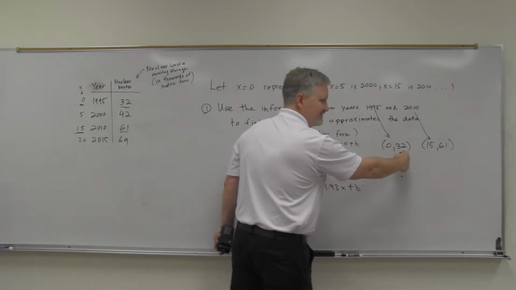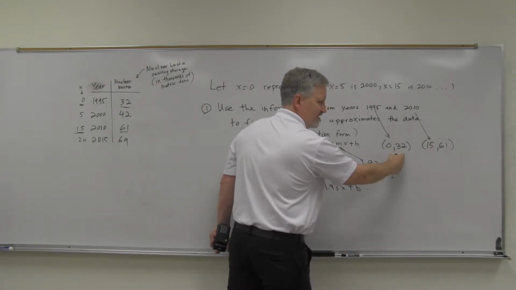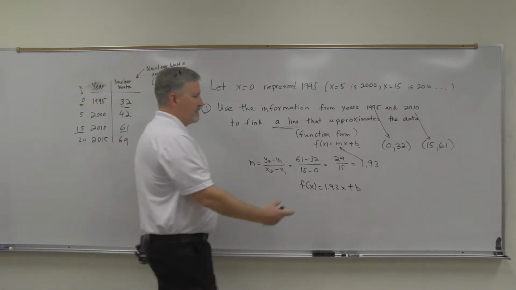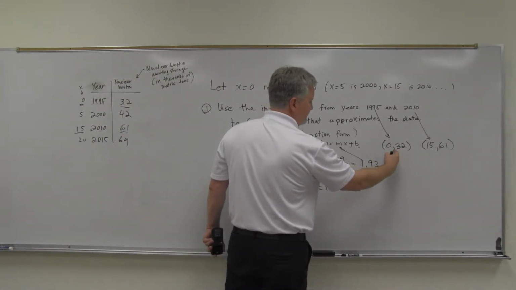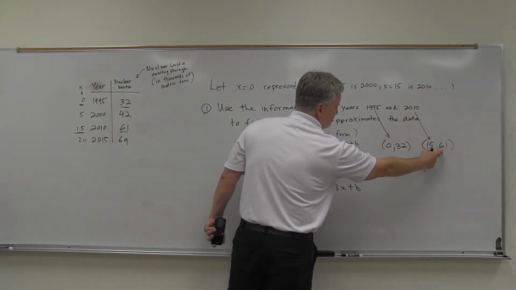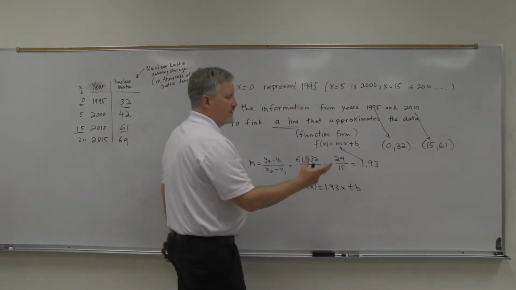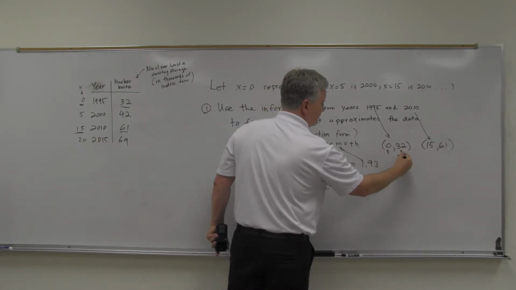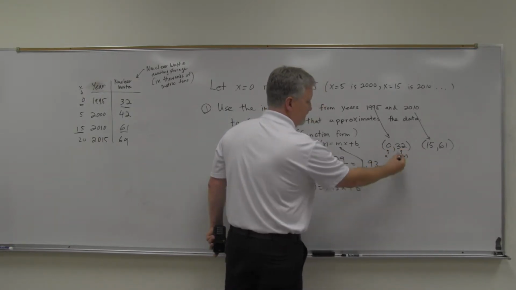Isn't that b? That's going to be the y-intercept. If we didn't have the y-intercept here, we could plug in this for x, and this would be our y, or f of x, because f of x is y.